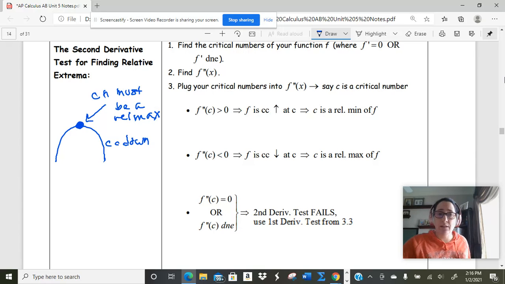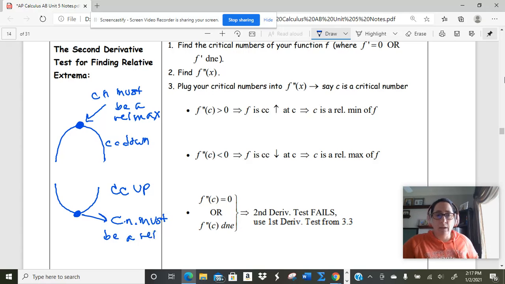A relative max. If I had a critical number and the graph was concave up, then the critical number must be a relative min. And that's all this is telling me here.